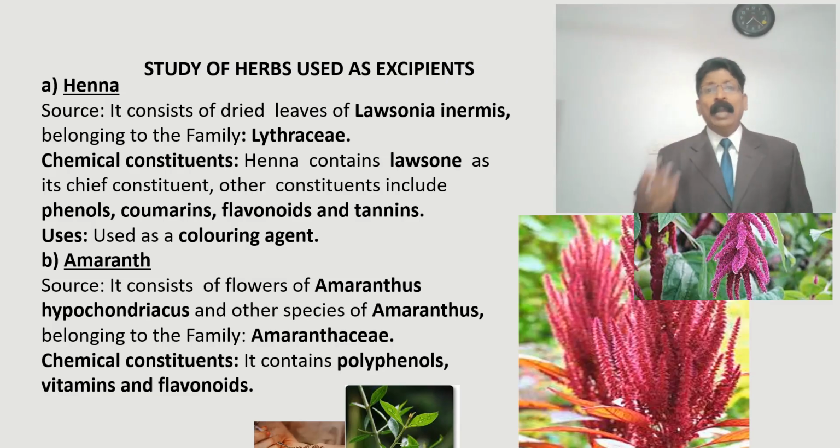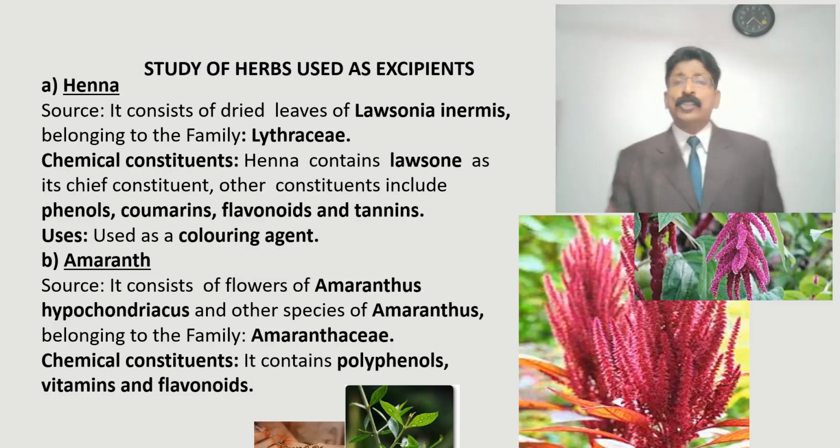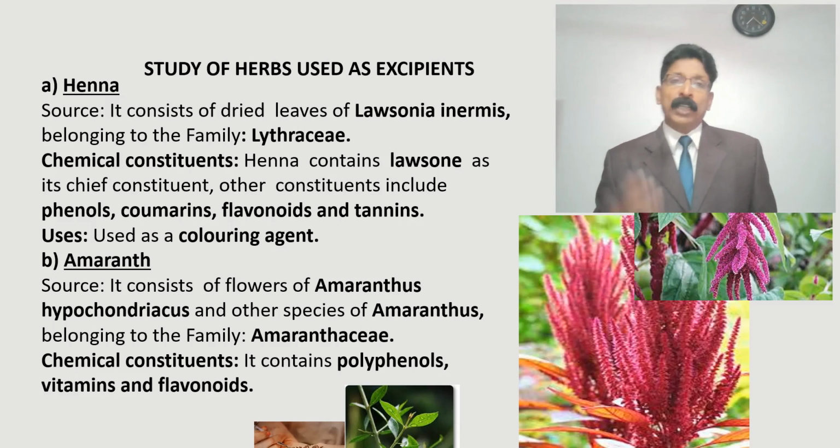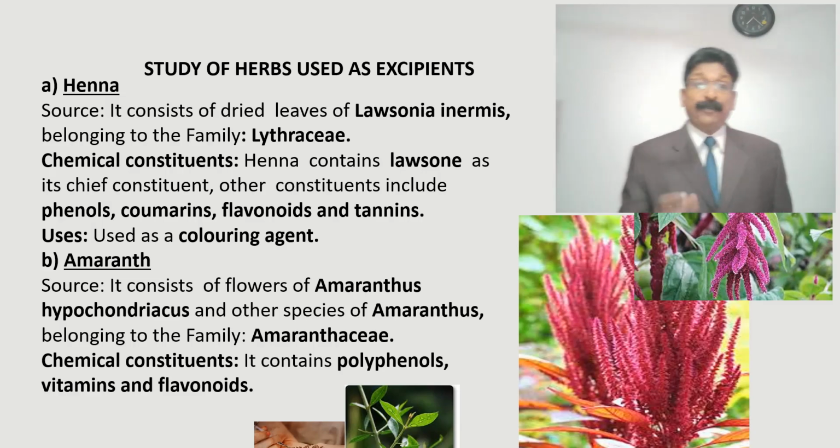I would like to tell the students, it is necessary that students should know the structure of the compound. I have not mentioned it here because the students have already come across it in the 5th semester and in other subjects also. But the students should know specific chemical structures.